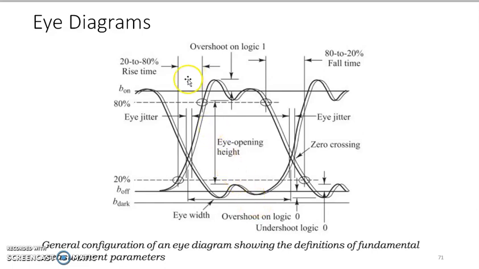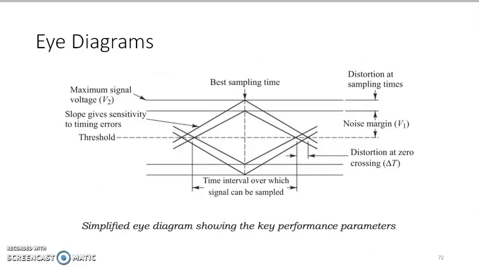We can have a rise time, meaning 20 to 80% of the rise time, and similarly 80 to 20% for the fall time, for the given eye opening. Within that 80% to 20%, we can have an eye opening and define that a logical 1 or a logical 0 occurs in the given particular period.